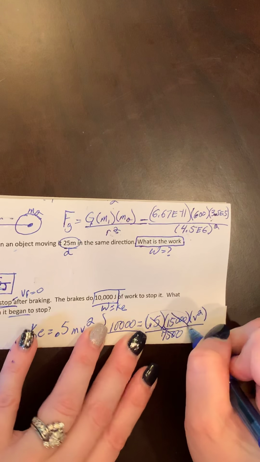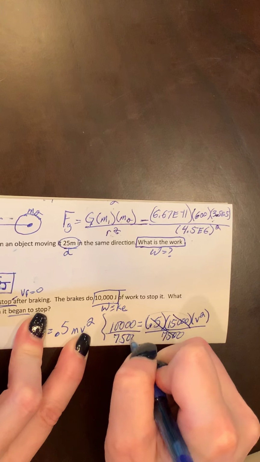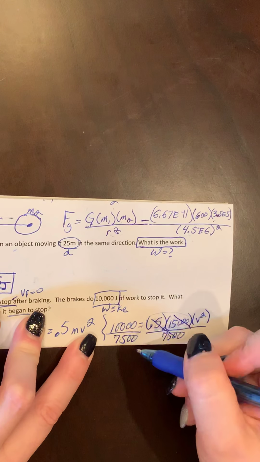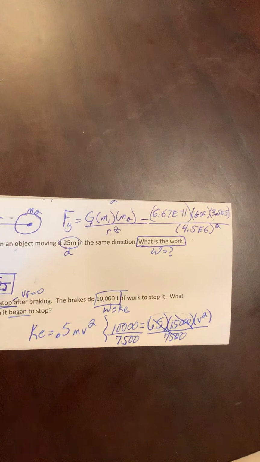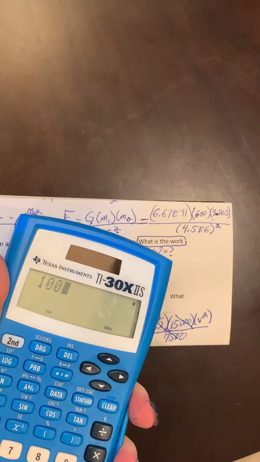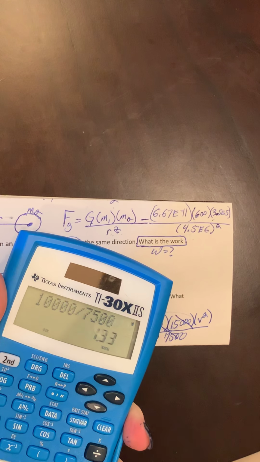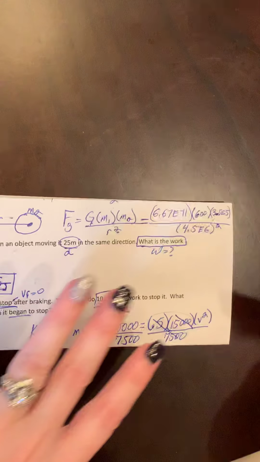What I do on one side, I do to the other. So now we're going to divide these two numbers and find out what our V squared is. 10,123 divided by 7,500 gives us 1.33.